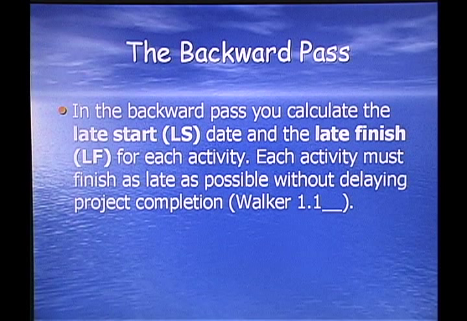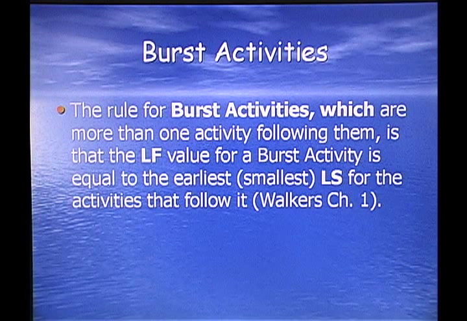Each activity must finish as late as possible without delaying the project completion. Burst activities. The rule for burst activities, which are more than one activity following them, is that the late finish value of a burst activity is equal to the earliest, smallest, late start for the activities that follow it. Again, that's out of Chapter 1, Walker's.